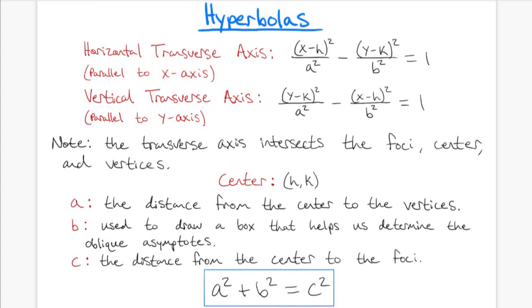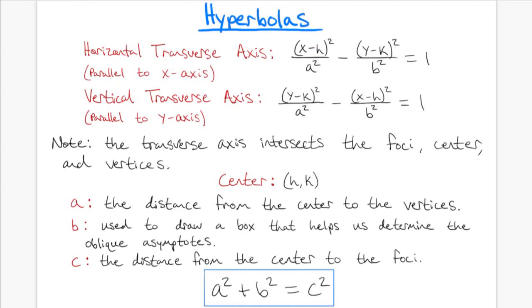In our second form, the leading term involves y. In other words, the positive term is the y term, right? In this form, we're going to have a vertical transverse axis. In other words, the transverse axis will be parallel to the y-axis. So that's kind of how I remember it: whatever variable this leading positive term involves, that is the axis that the transverse axis is going to be parallel to.